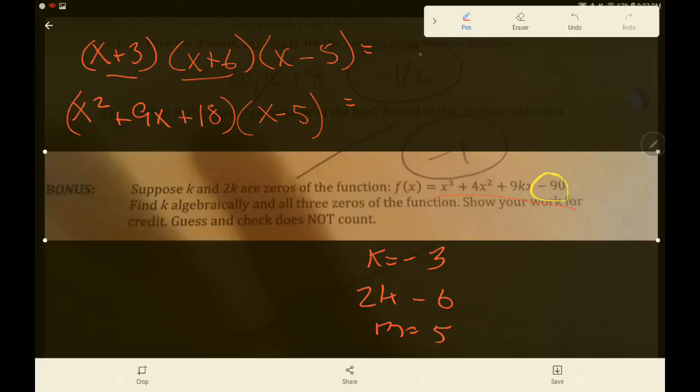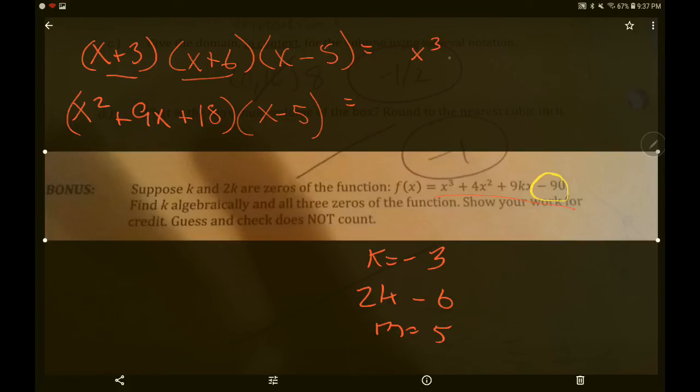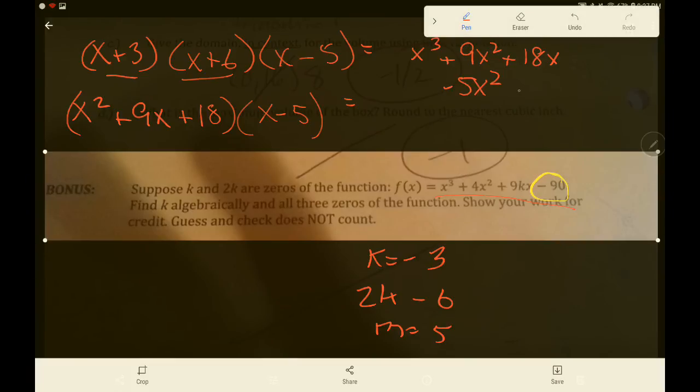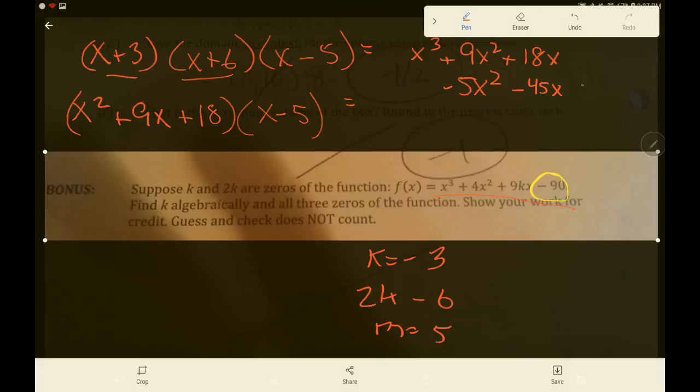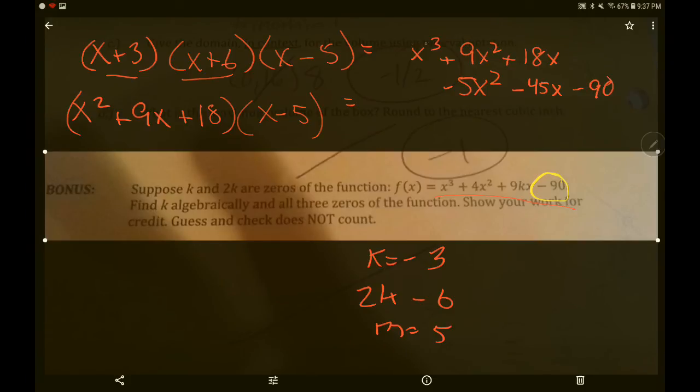We get x cubed plus 9x squared plus 18x minus 5x squared minus 45x minus 90. We see our x cubed and we see our negative 90.